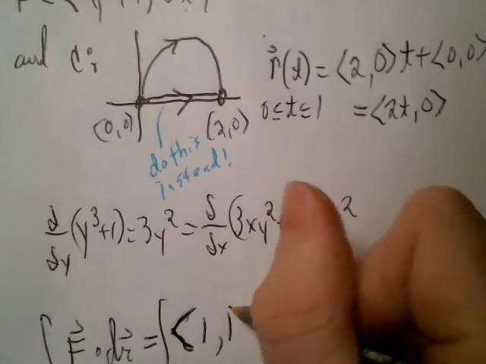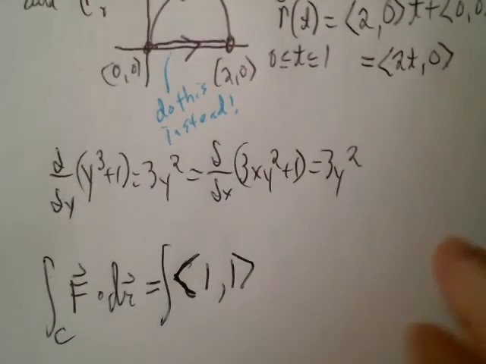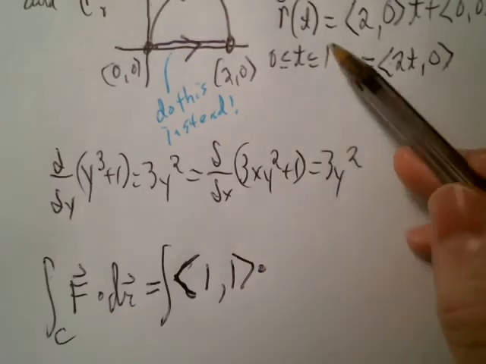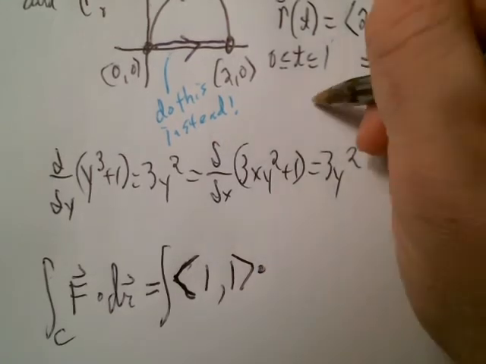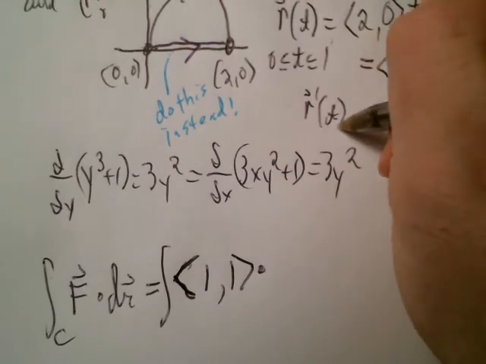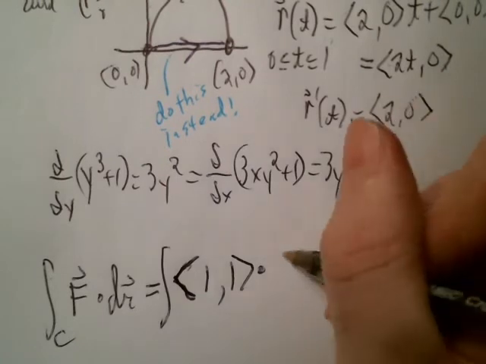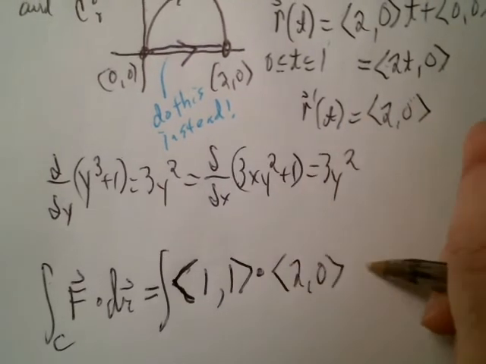So the vector field along that curve is just 1, 1. And then I'll dot it with the derivative of r. So r prime of t is equal to 2 comma 0, and then dt.